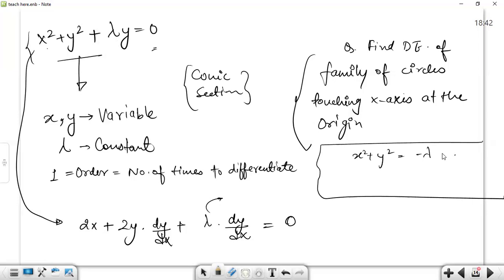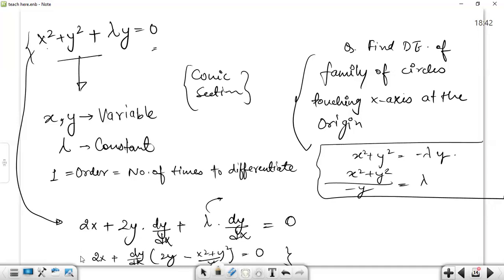Then we'll separate lambda and y on both sides: x square plus y square upon minus y will be equal to lambda. So now we have the value of lambda. We can take 2x plus dy by dx common, and 2y plus lambda. Lambda is minus of x square plus y square by y, equal to 0.